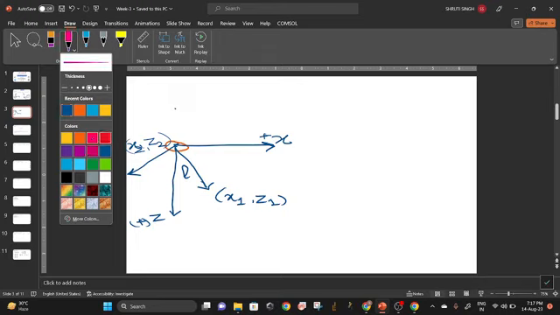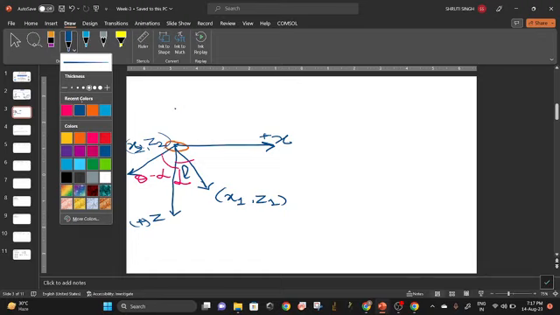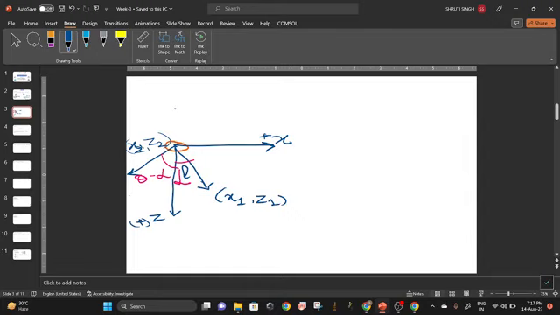I did it the other way, the way I was showing you in the first slide. This angle we will take as alpha, and this angle will be theta minus alpha. The previous angle, which was the original angle, we are taking as alpha.